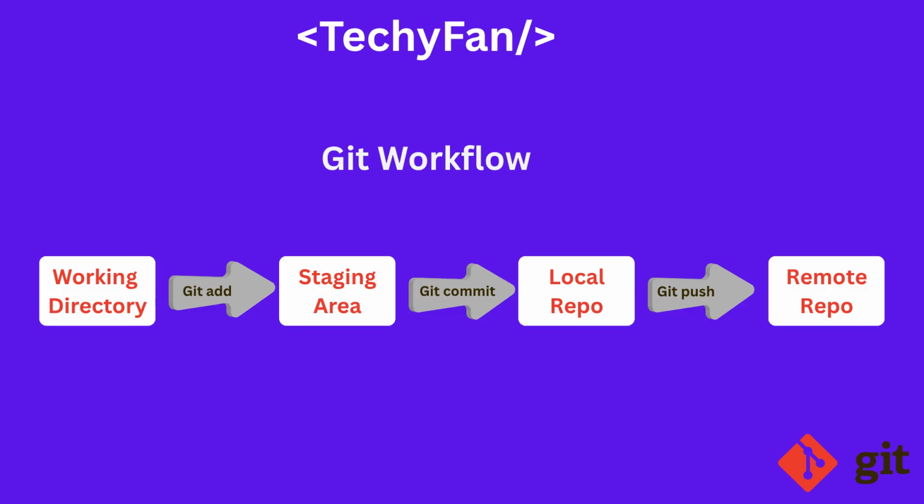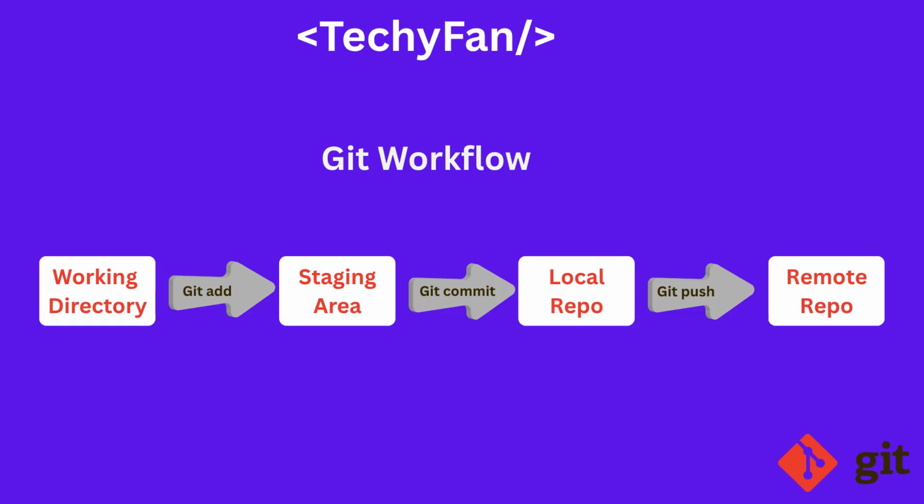Then we'll get the overall picture. We can see here the Git workflow: working directory. Once we add it, it will be changed in the staging area. Once we commit it, it will become part of the local repository. Once we push it, it will go to the remote repository. So there are two kinds of repository.